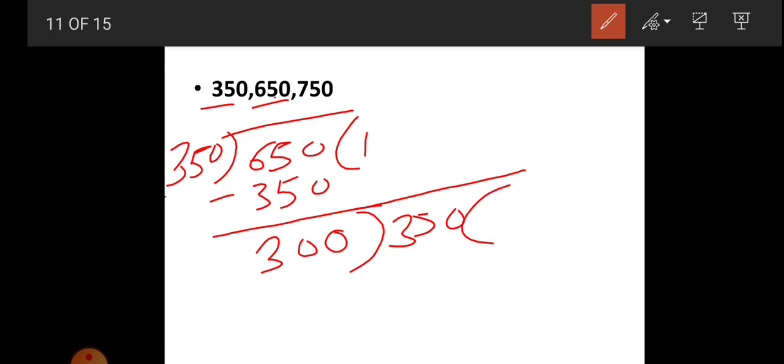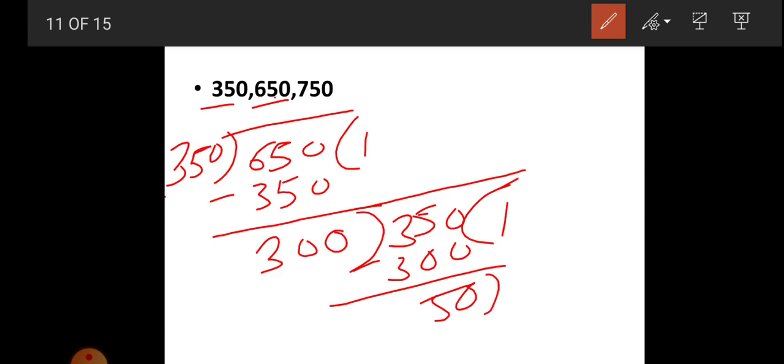So the remainder is 300. Now this 300 is the divisor and 350 is the dividend. 300 ones are 300. Now here 50.